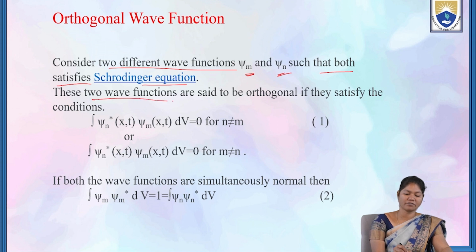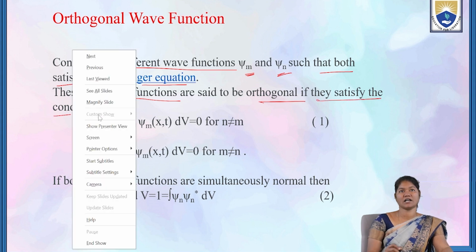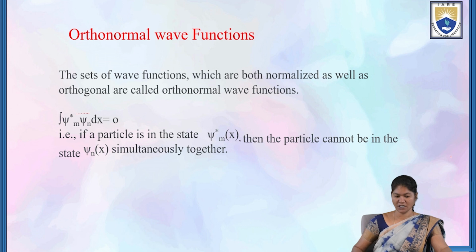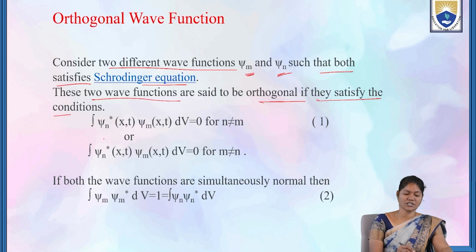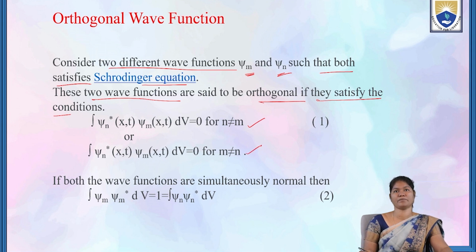These two wave functions are said to be orthogonal if they satisfy the conditions: the integral of ψm*(x, t) ψn(x, t) dV is equal to 0 for m not equal to n, or the integral of ψn* ψm dV is equal to 0 for m not equal to n.